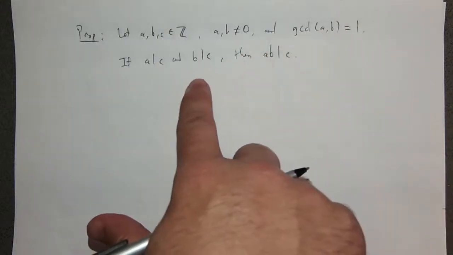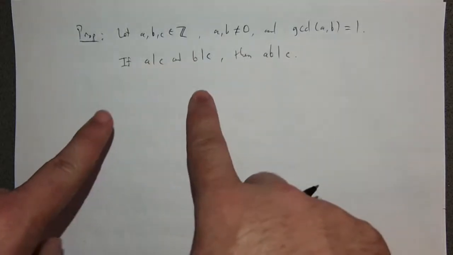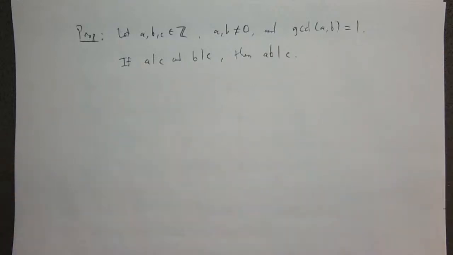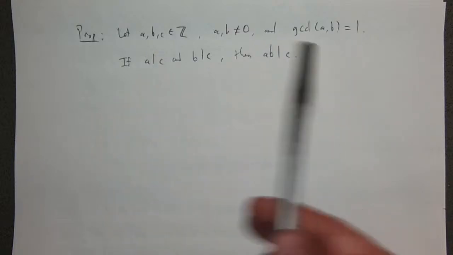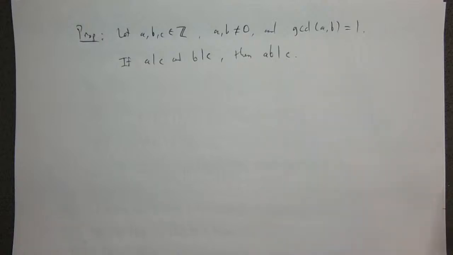So the point is that A and B dividing C individually must contribute primes in such a way that their product would still divide C, right? You don't end up with some situation where you would have multiple copies of a prime in one of the factorizations and maybe only one copy of the prime in another, because then the GCD wouldn't be 1 in the first place.